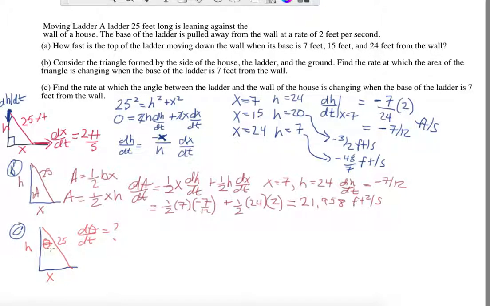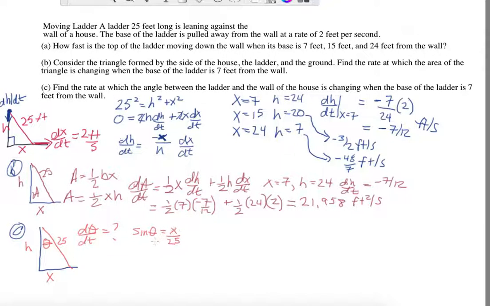Well, theta will be changing with both x and h, so we would have to use the quotient rule, right, if we relate it with tan theta. But it also just relates with x and 25. This is a constant, so if I can always incorporate a constant, it's going to make our life a little bit easier with differentiating. So sine theta, which is your opposite over adjacent, is x over 25. Backtrack, sine theta is opposite over hypotenuse.